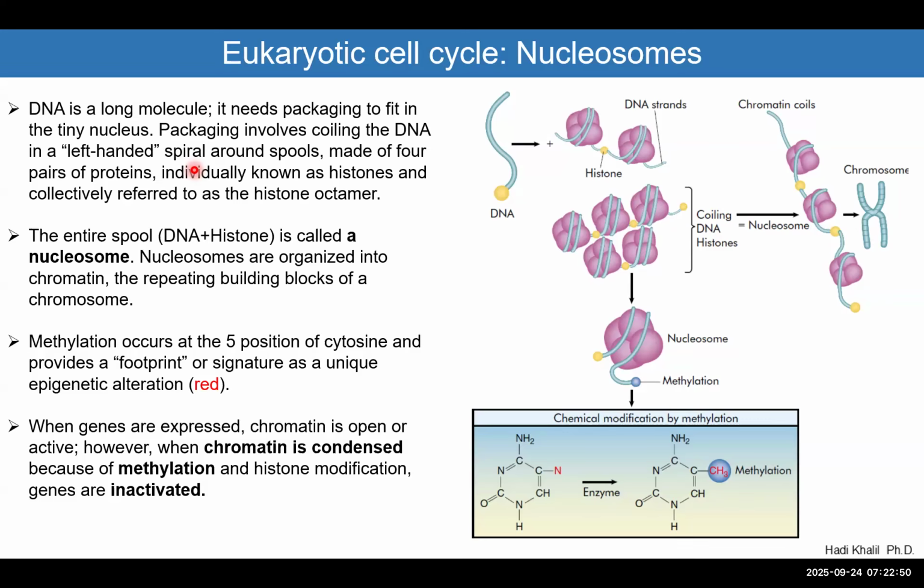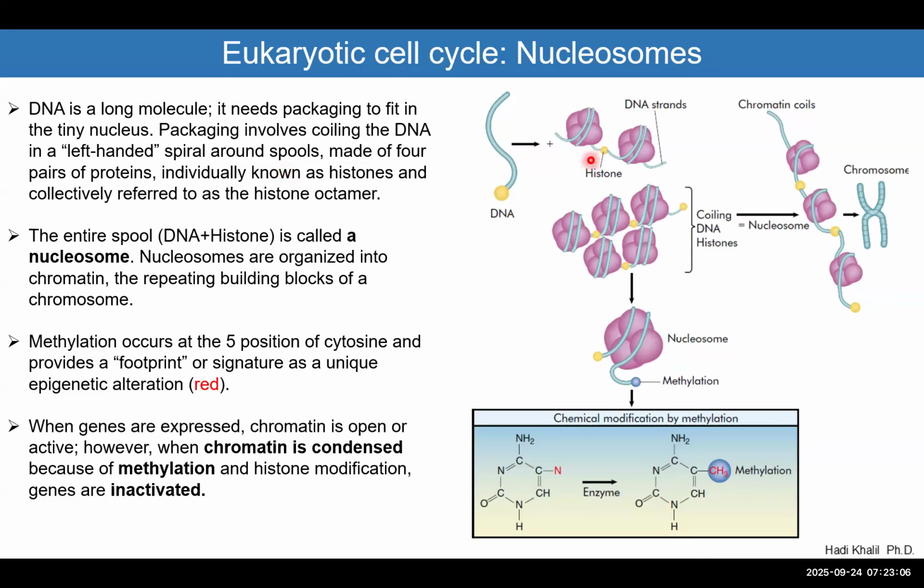And of course there is more than one type of histone. I'm not going into the details of that. The DNA will generate a left-handed spiral around these spools.